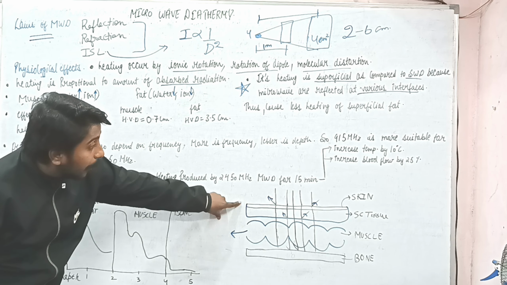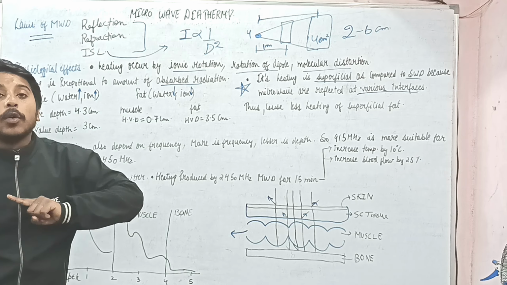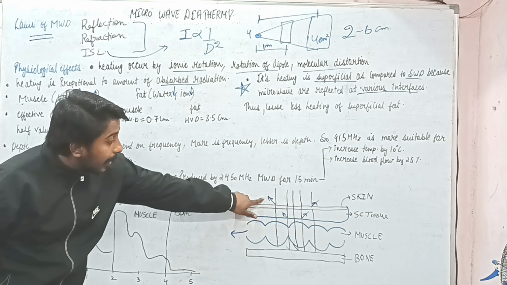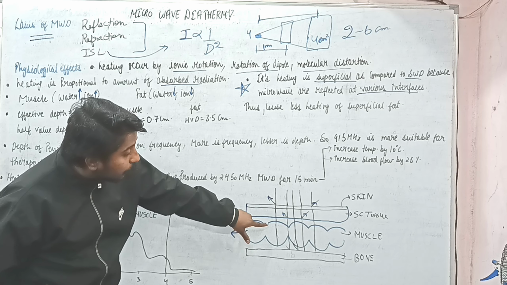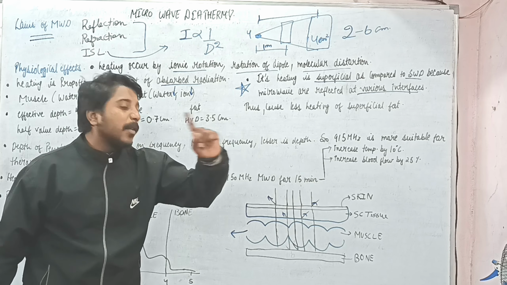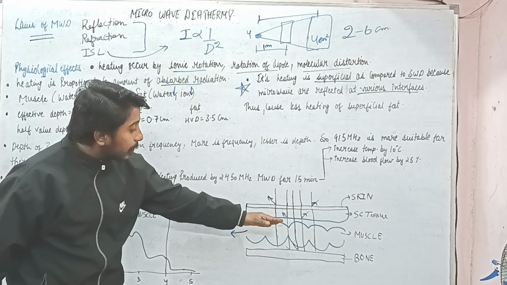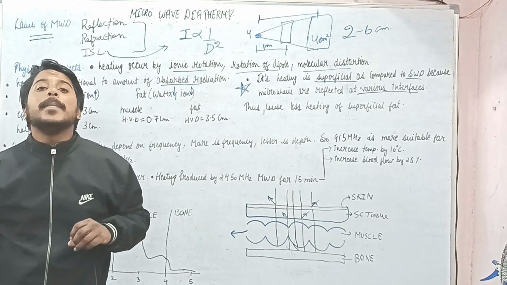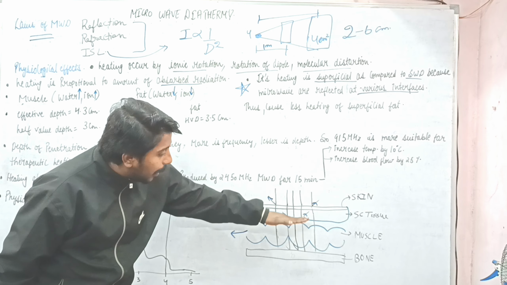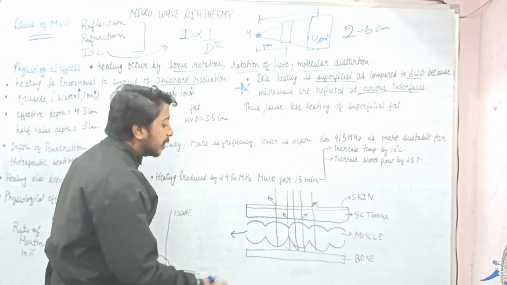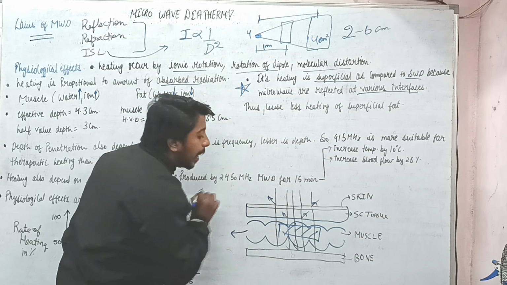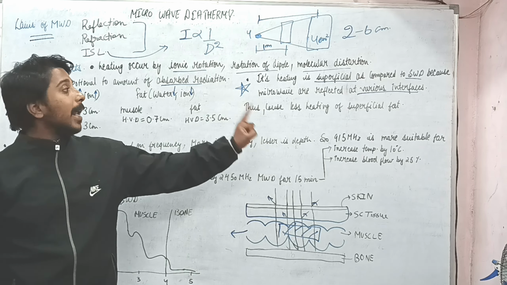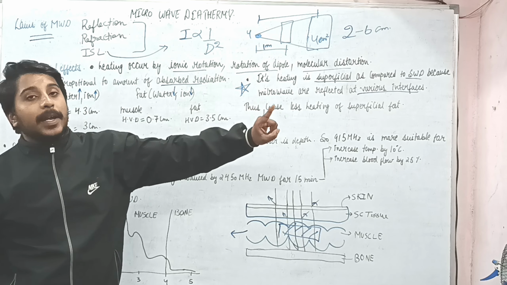So the first interface will be skin and subcutaneous tissue. Here some reflection will occur. Next will be the subcutaneous tissue and muscle. Here some reflection will occur. So some of the radiation will be wasted and only a lesser amount of radiation will reach the muscle effectively, which will cause heating.